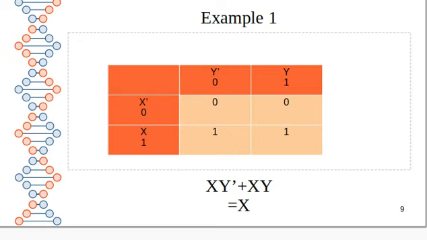Now first example, how can we reduce the expression? Given an example x y bar plus xy. So xy bar is here, this is 1, and xy, this is 1, and we will put 0 otherwise. Now we can pair these two. Here we have to consider which value is changed.